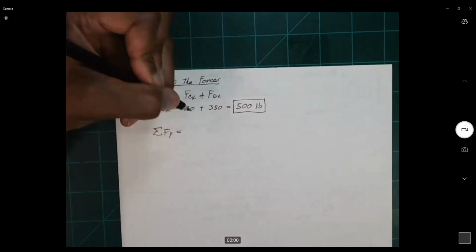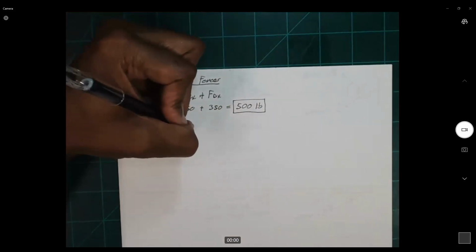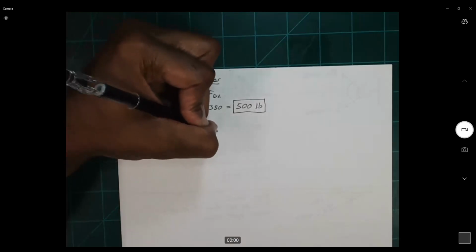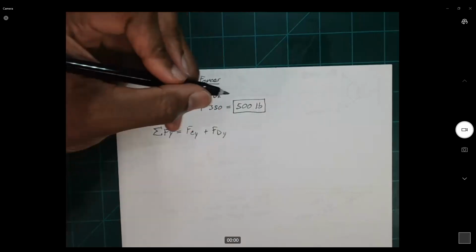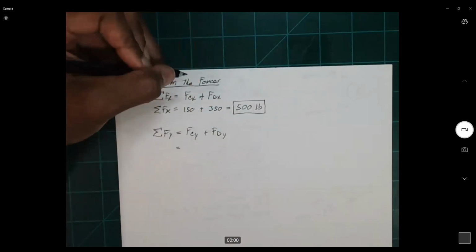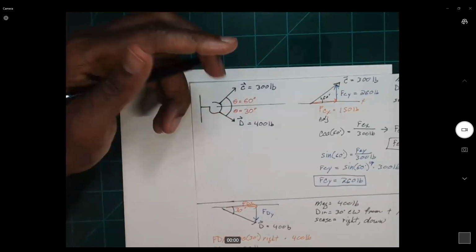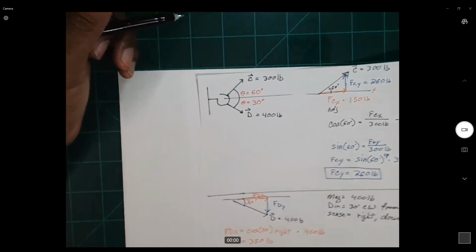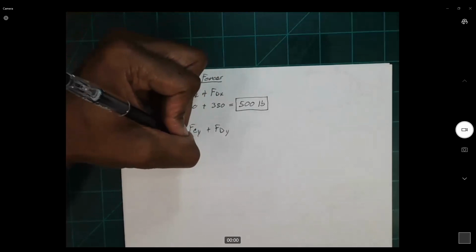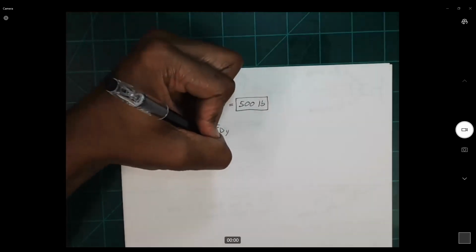Now we have our sum of Y's. That'd be force CY plus force DY. We have 260 pounds plus negative 200.